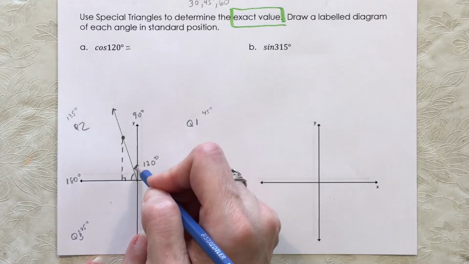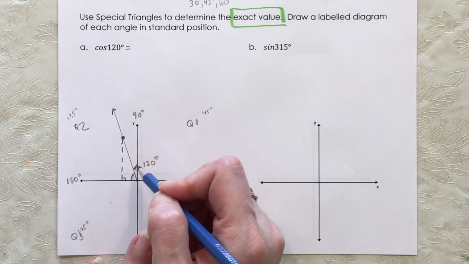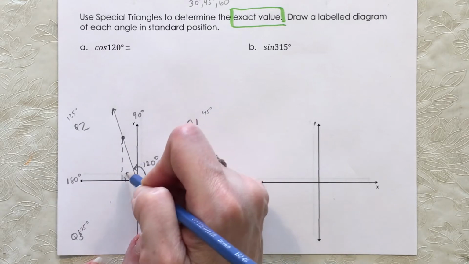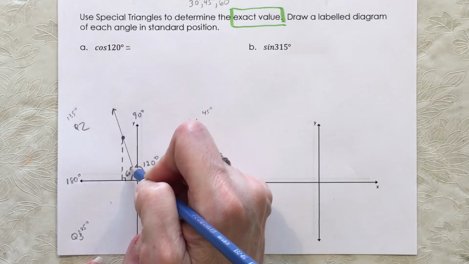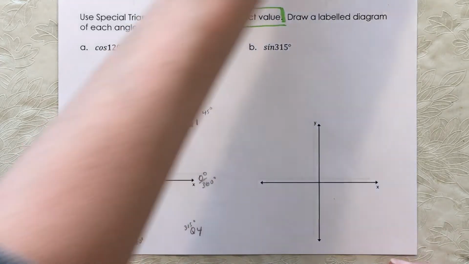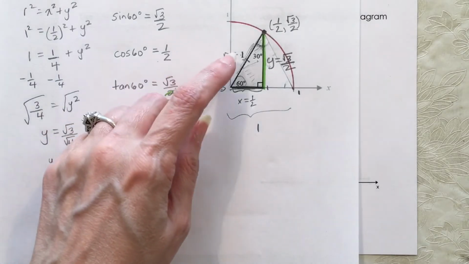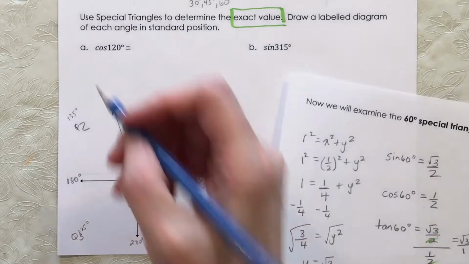So if this is 120, then alpha in here is going to be the difference between 180 and 120, so it's going to be a 60-degree triangle. So it's going to follow my 60-degree special triangle. Its r is going to be 1, r is always positive.